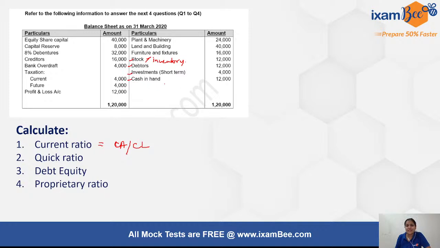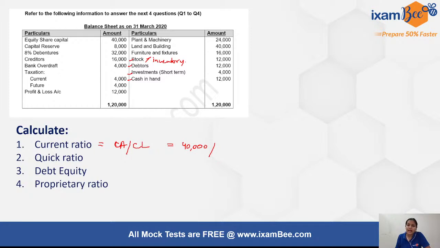So all these 4 clubbed together form your current assets, which is 12, 12, 4 and 12, this will give you 40,000, right?